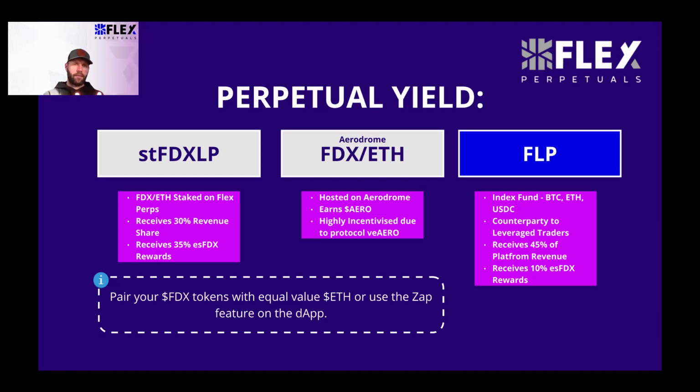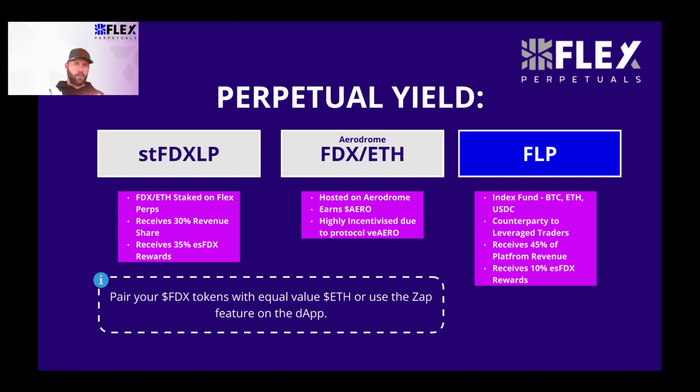You can stake your FDX ETH natively on the platform to earn revenue share and incentive rewards, or you can stake that FDX ETH LP on Aerodrome for incentivized Aero rewards, or you can, completely separately with nothing to do with FDX, deposit USDC into the FLP, where essentially you're holding USDC, Bitcoin, and Ethereum, and you've got exposure to the profit and loss of traders on the platform.